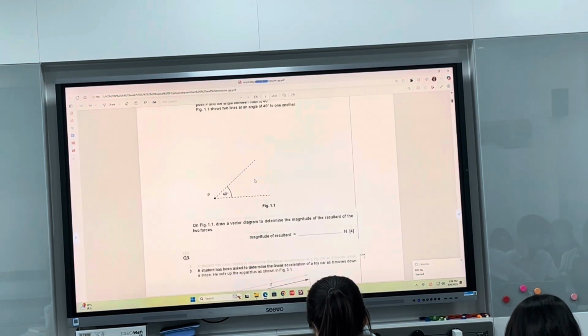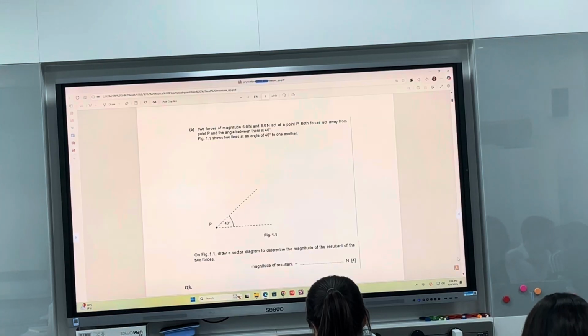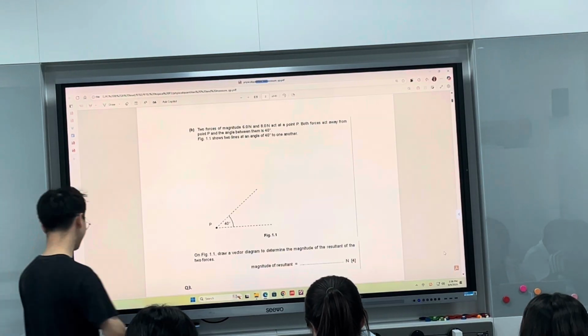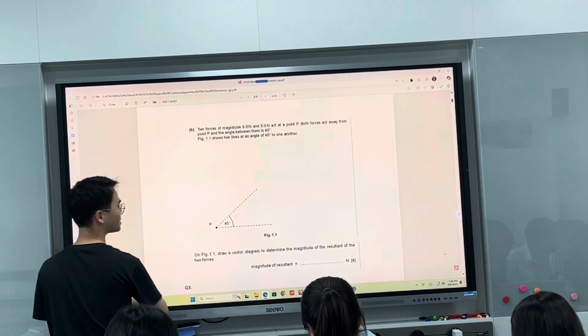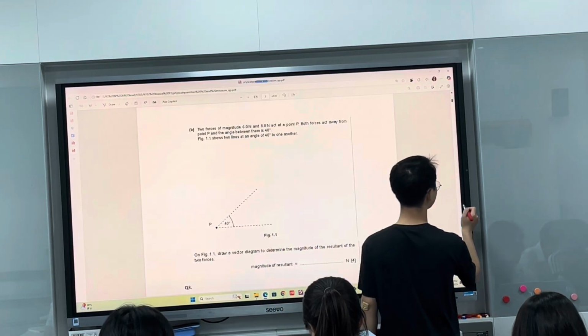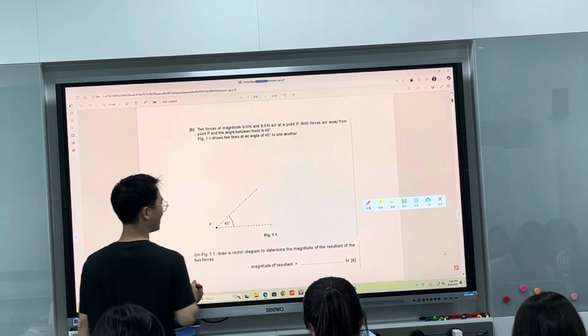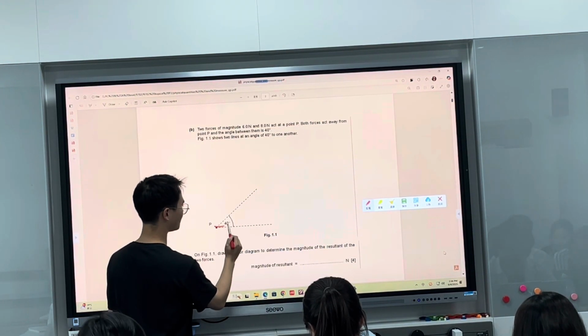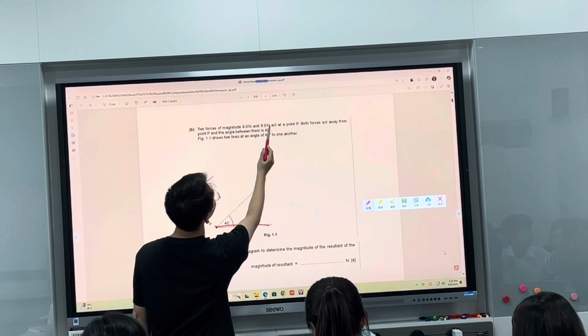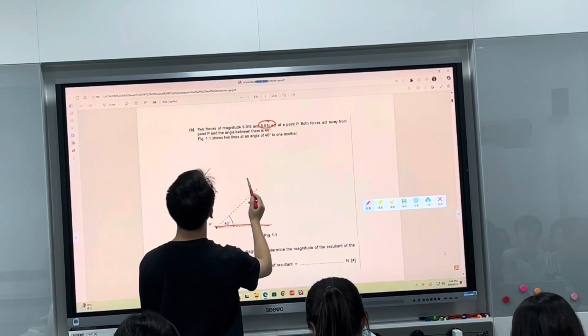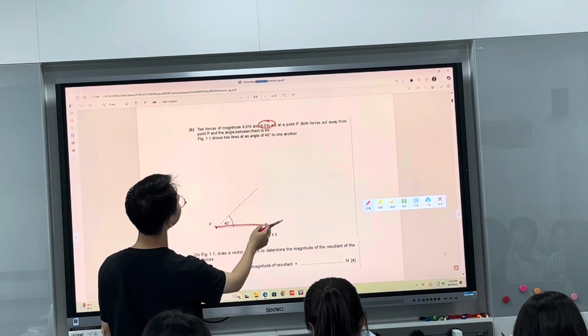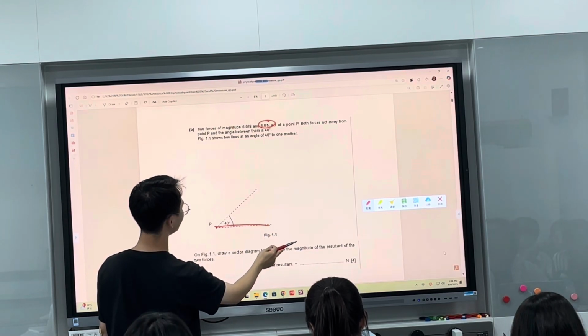So here. Right, so it's asking you to draw a vector diagram. So you need to draw something. Did you draw something? First of all, we have 8 and 6. Did you say which one is which?